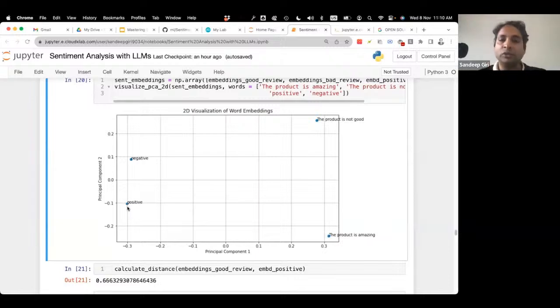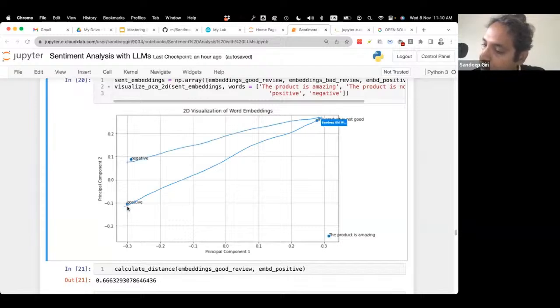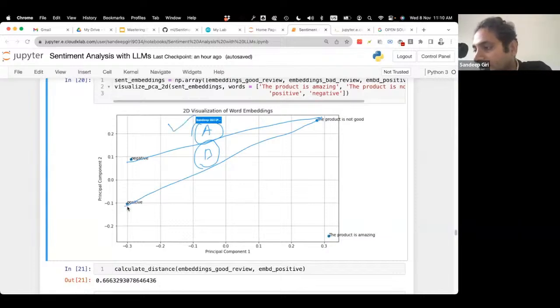Which distance seems to be closer, this one or this one, A or B? Which one is closer? A, right? That means that if we find the distance between this point and this point and this point, we can easily say whether something is a negative review or positive review, right?